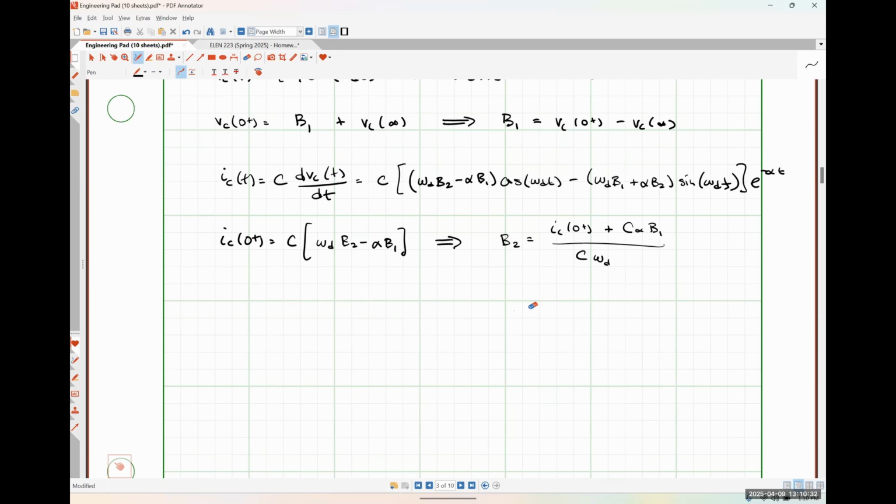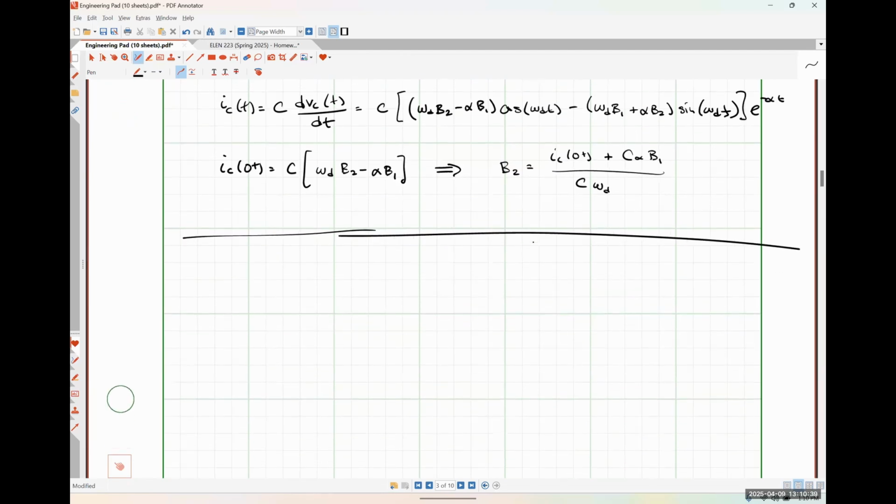So in an overdamped circuit, just for what it's worth, let's do it with inductor current really quickly. We would have IL is going to be A1 e to the S1 t plus A2 e to the S2 t, plus IL at infinity.